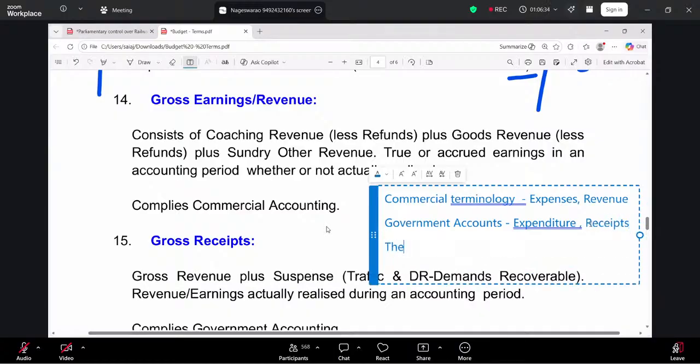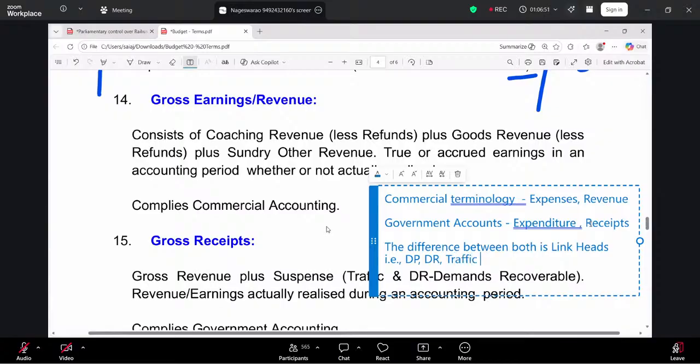The difference between both is link heads. Link heads, that is demands payable, demands recoverable, traffic and labor suspense. That is also called suspense.